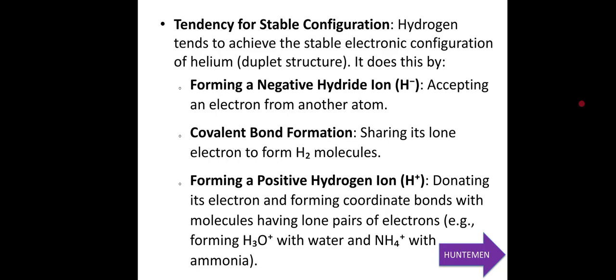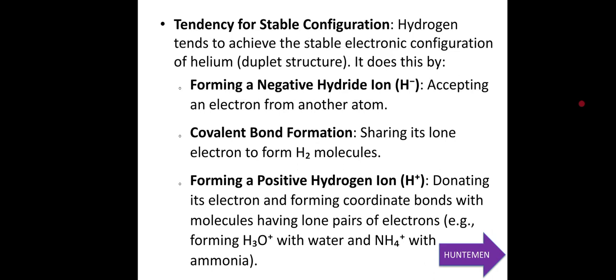Tendency for stable configuration. Hydrogen tends to achieve the stable electronic configuration of helium, that is, the duplet structure. It does this by the following processes. 1.